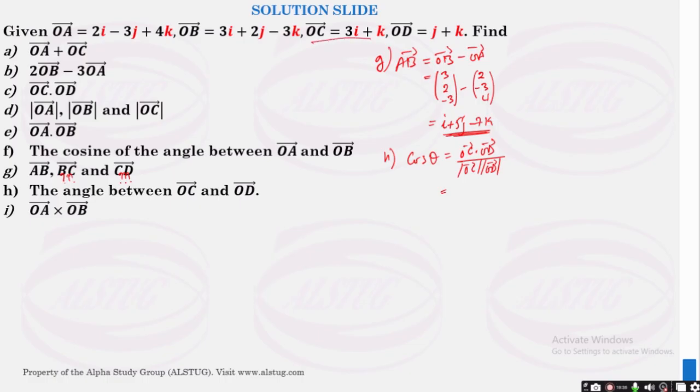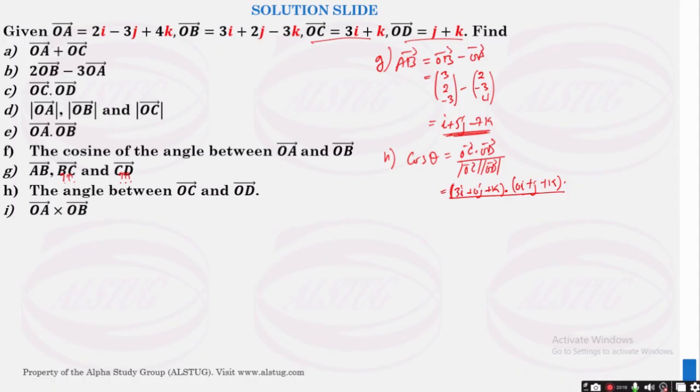Here is OC, here is OD. So we have 3I, no J, plus K, and then we have dot, no I, plus J, plus K. Yeah, now I remember we have done this already.